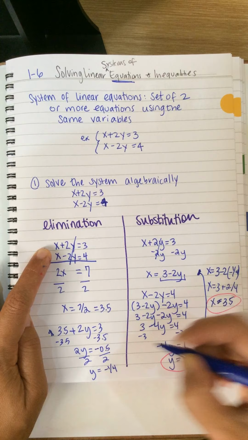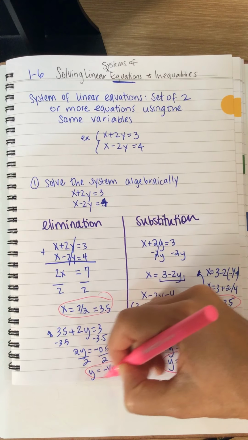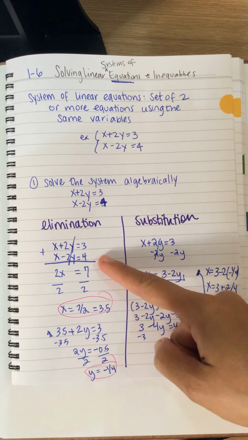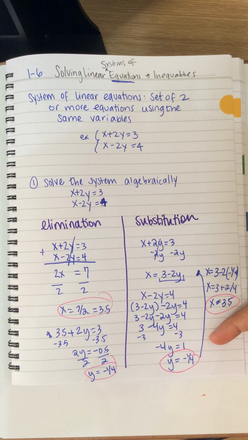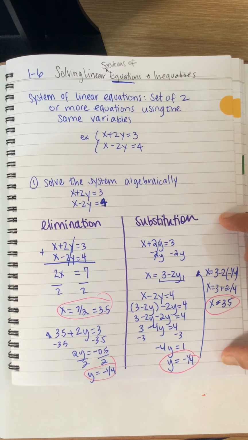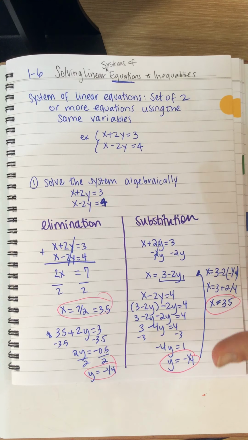So you can see no matter which way you choose to solve it, by eliminating a variable or substituting in a variable, you're going to get the same answer. Sometimes this way is quicker if it's already set up like that, right? This one always works, but sometimes can take longer. And really, this should be a review from Algebra 1. You should have solved systems of equations in Algebra 1. If we didn't, I have to pause because it's going to make the rest of it a lot harder.